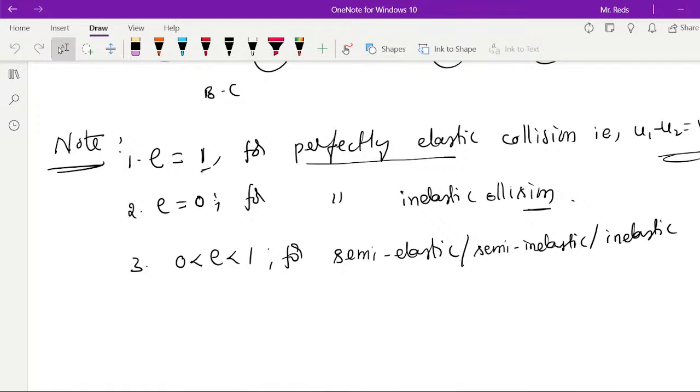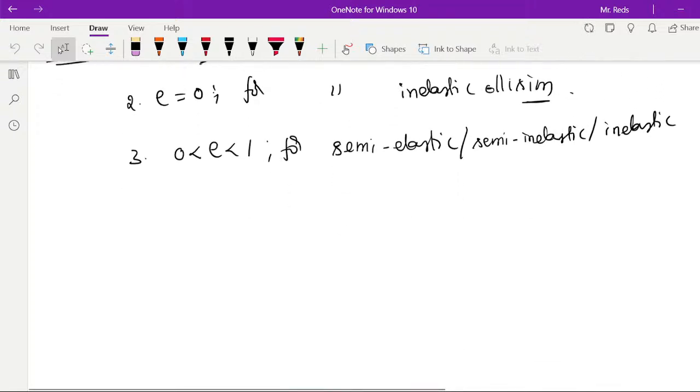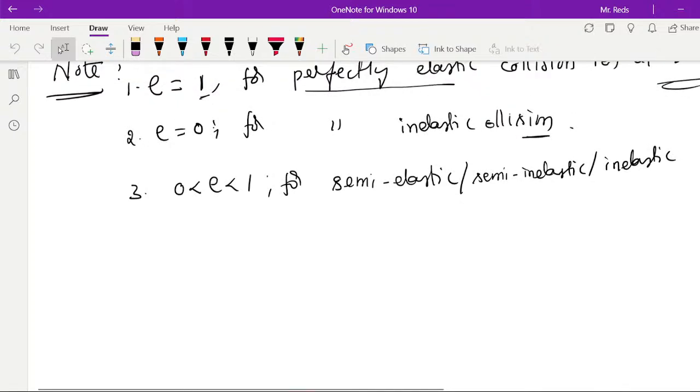From an application point of view, you may come across a body dropping from a height. If it is a perfectly elastic collision, E will be equal to 1, so what is the height raised? You may come across this kind of question. Let us see briefly one example based on that, which you can consider an application or special case.